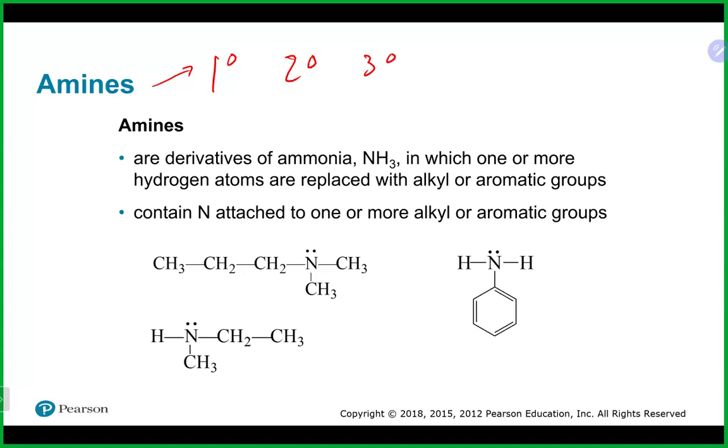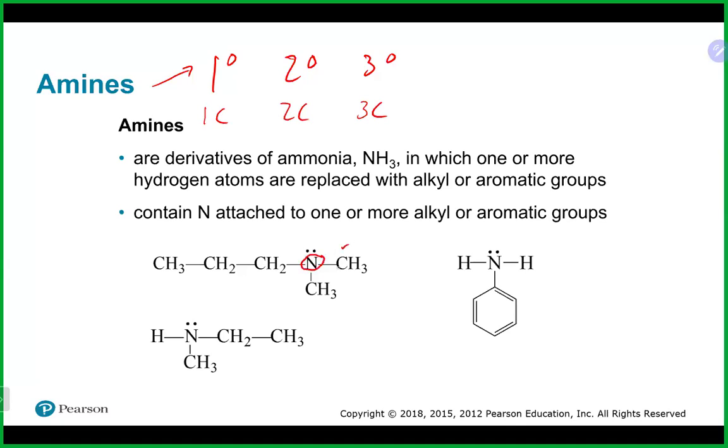And much like pretty much all the other primary, secondary, and tertiary things we talked about, it is how many carbons in this case are directly attached to the nitrogen. So here we're looking at the nitrogen and we're looking at how many carbons are attached there. Basically one carbon attached is primary, two carbons secondary, and three carbons is a tertiary.